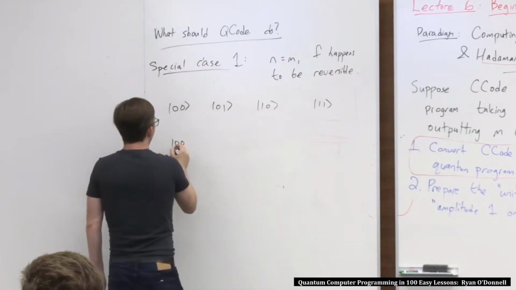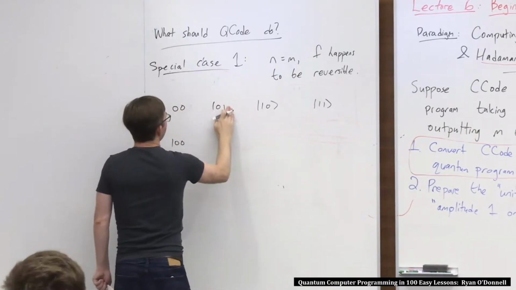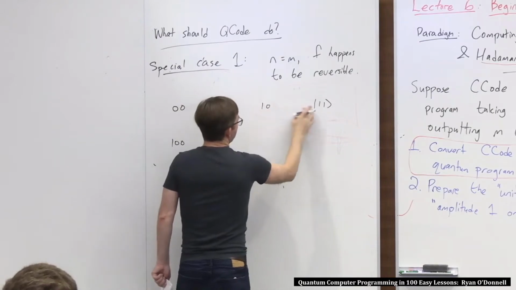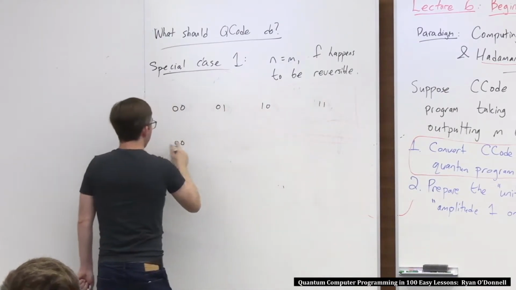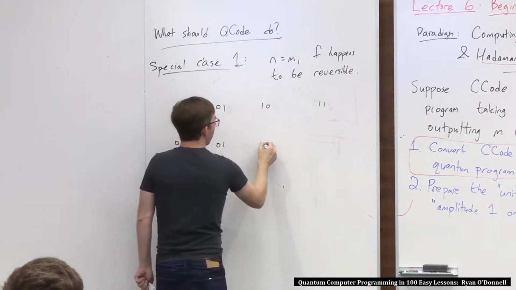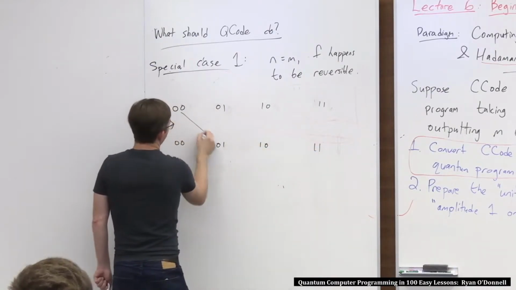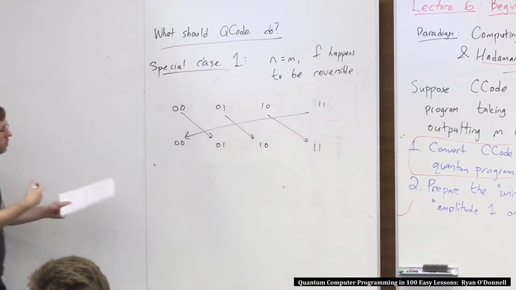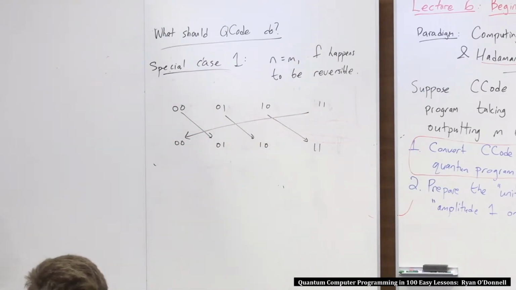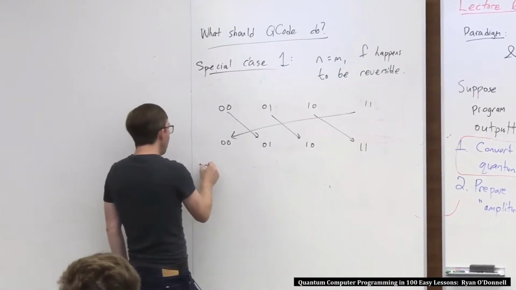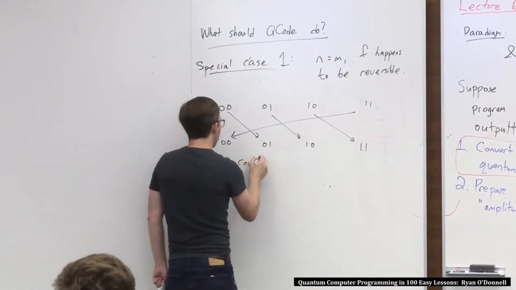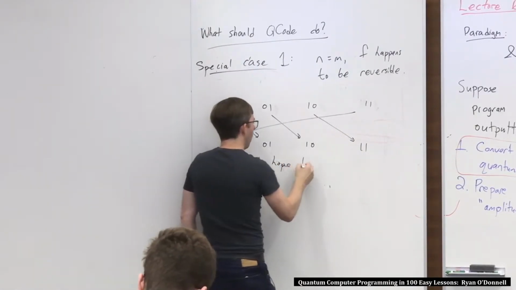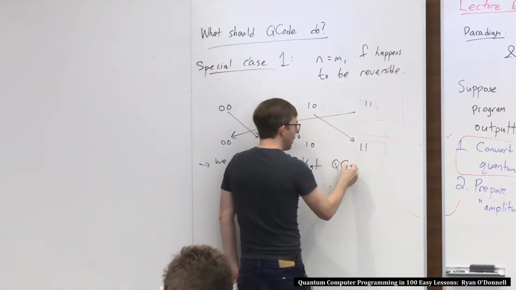You could draw the truth table or the paths diagram for what increment mod 4 does. And you're like, oh, check it out. By a miracle, this is reversible. It's a bijection. So in this case, you can say to yourself, here we could hope that QCode literally does F.